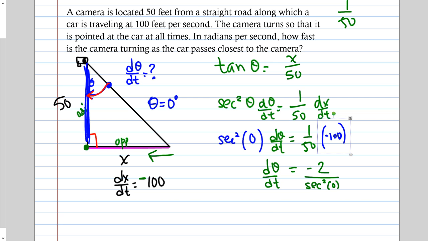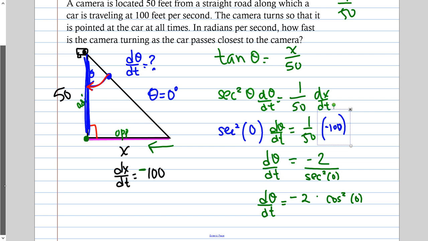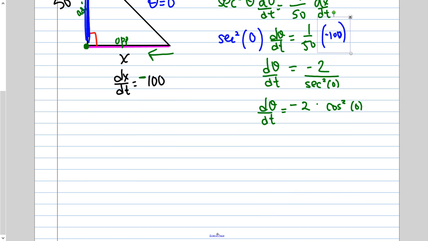And then, just like before, this can be converted to negative 2 times cosine squared of 0. And you should know what cosine of 0 is. Cosine at 0 degrees is the x-coordinate at 0 degrees. So the cosine of 0 is 1. So negative 2 times 1 squared, which is just 1.